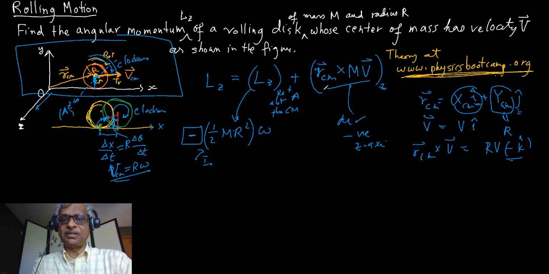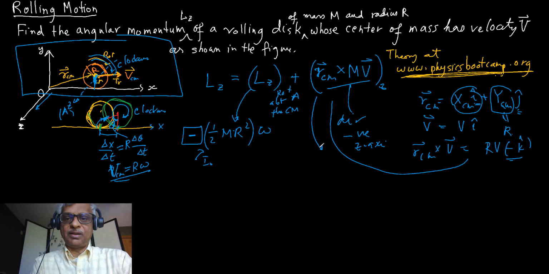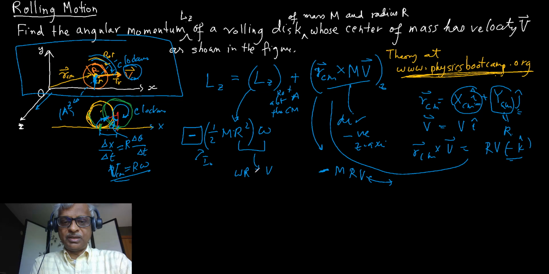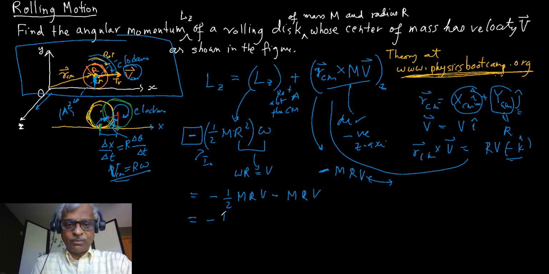So I got a negative for this, and a negative for that: minus mRV, and V is given as V. We can convert R times omega into V, since omega R is equal to V. So we get minus half mRV minus mRV. The answer is minus 3/2 mRV.